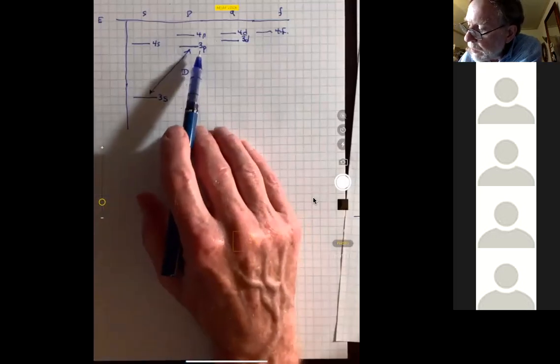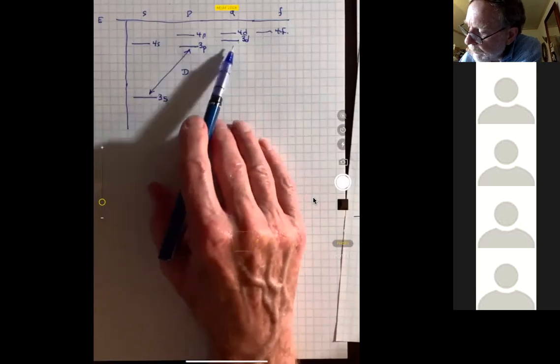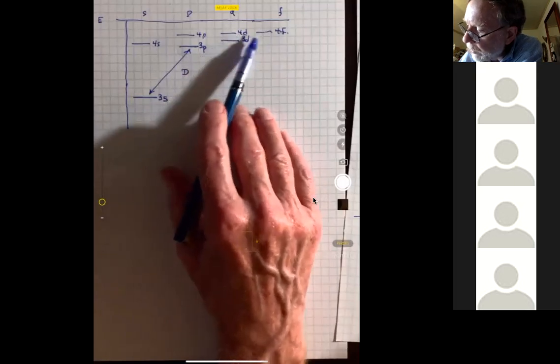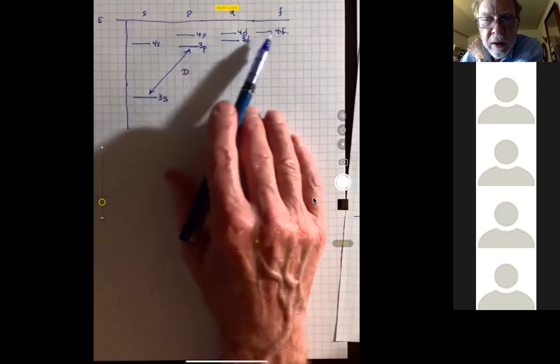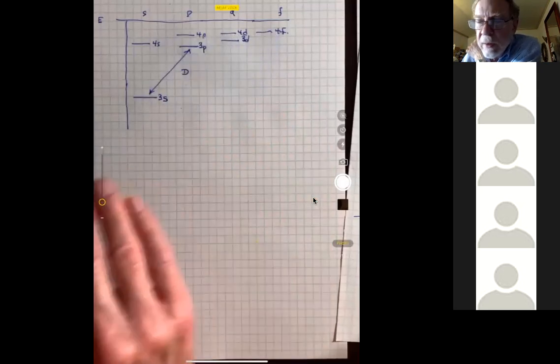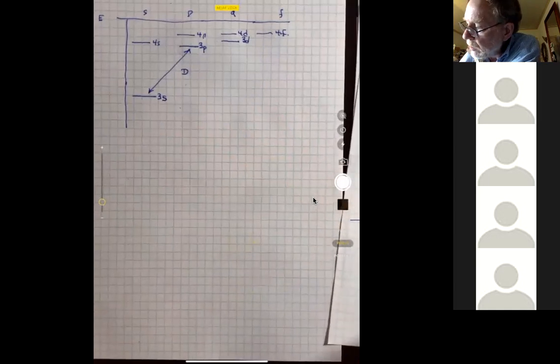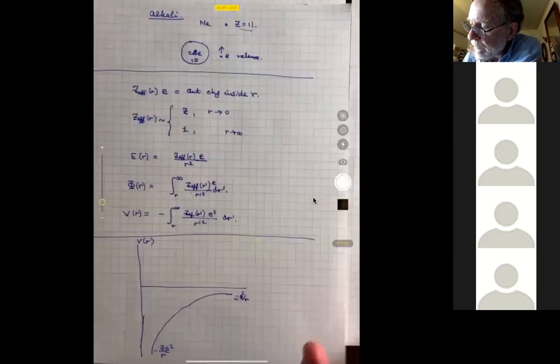On the other hand, as the angular momentum value increases, the splitting between the different N quantum numbers gets less and less. For example, the 4D and 4F are nearly degenerate with each other. It's starting to look like hydrogen again. Why is that? The reason is that if the angular momentum L is large, then the orbit is nearly a circular orbit.